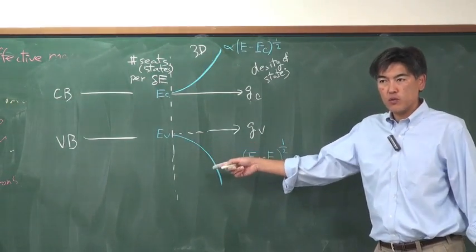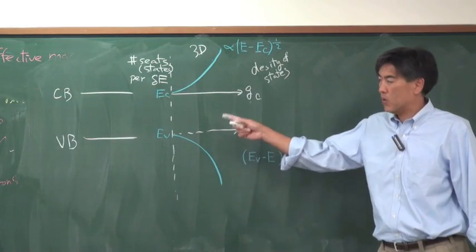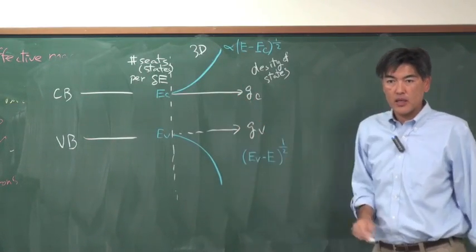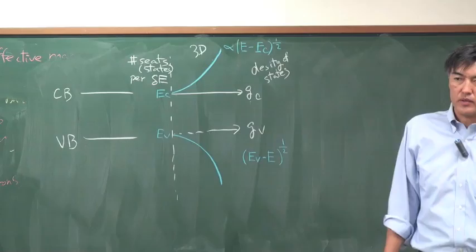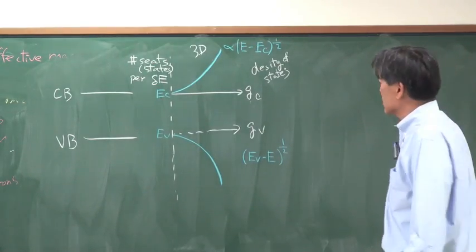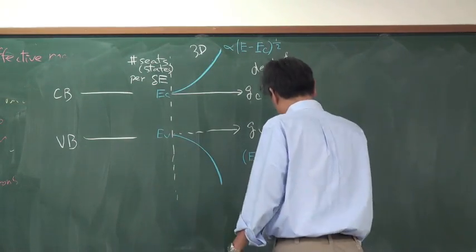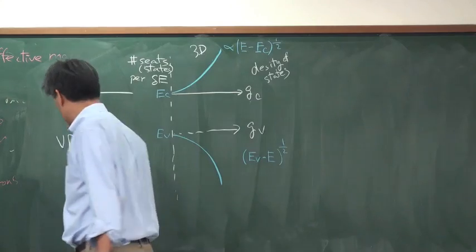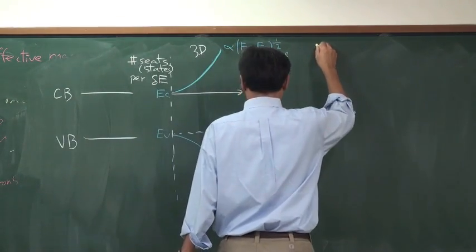How we distribute electrons or holes among seats depends on the Fermi level. Okay? So how do we define the Fermi level? Okay, let us just define the Fermi function.